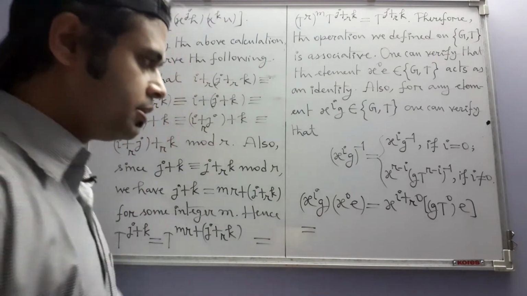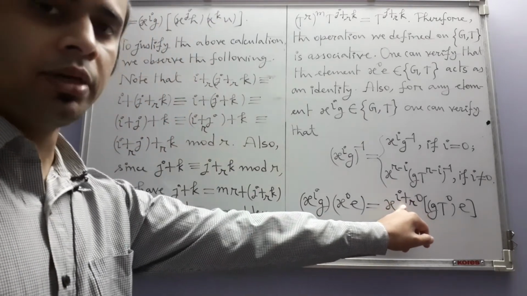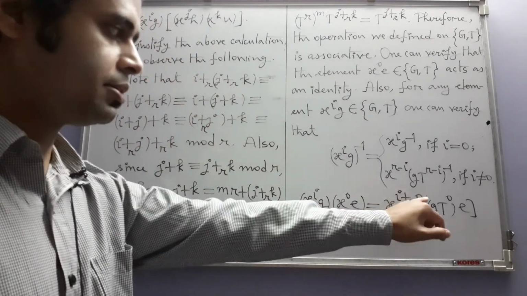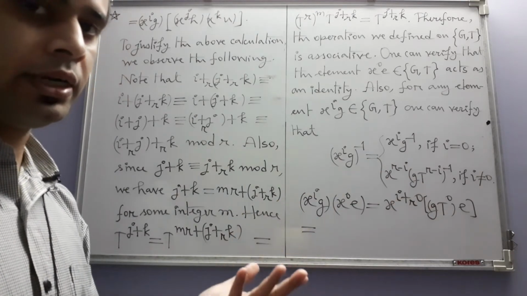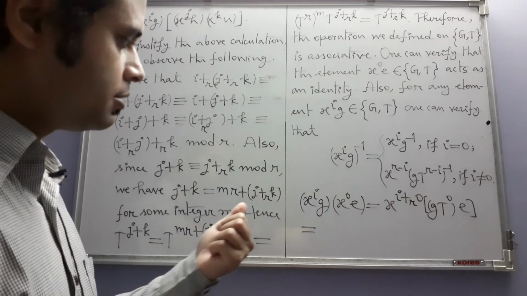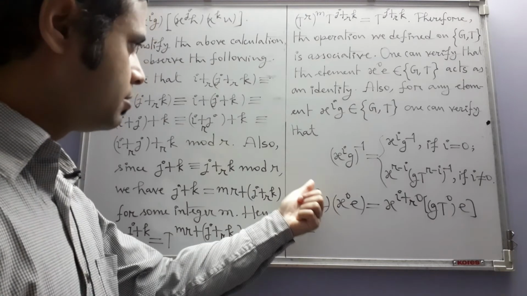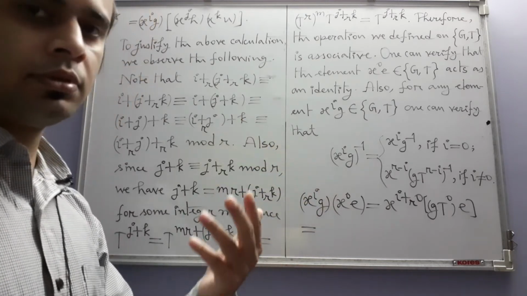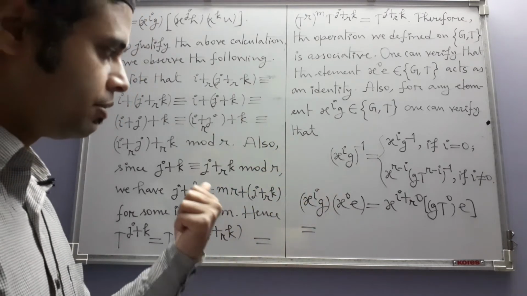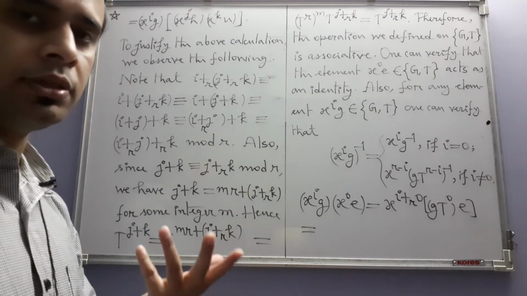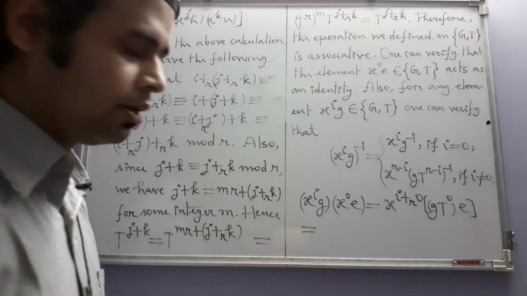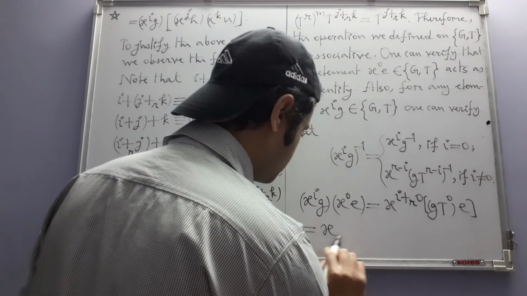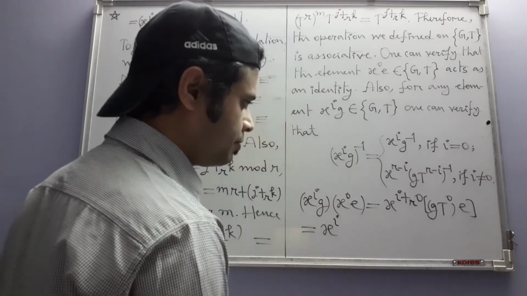So this is the remainder when we divide i plus 0 by r, that is, when we divide i by r. Since i is itself less than r and non-negative, the remainder when you divide i by r is i itself. So this is i.